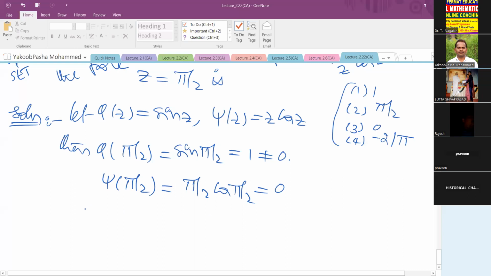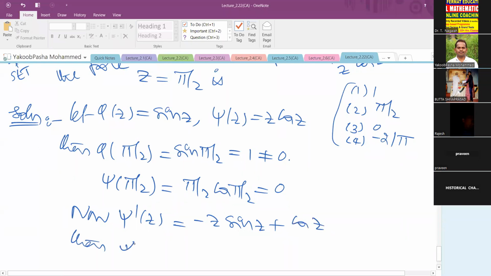Now psi dash of z, by the UV method, is minus z sin z plus cos z. Substitute pi by 2 here: psi dash of pi by 2 is equal to minus pi by 2 into sin pi by 2, which is 1, plus cos pi by 2, which is 0. That is equal to minus pi by 2.